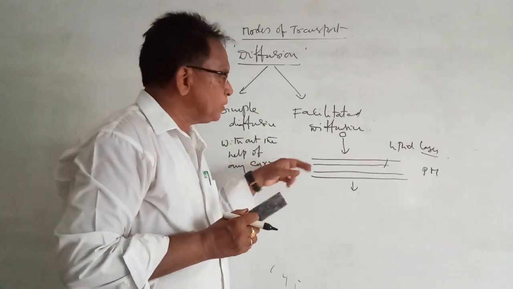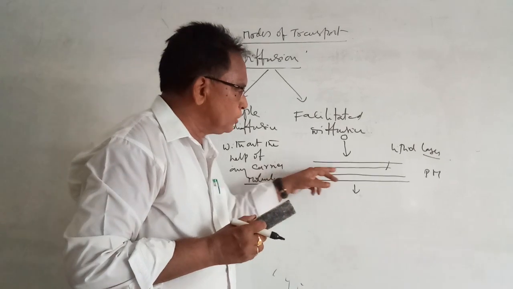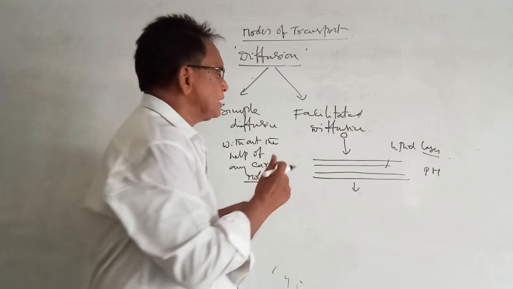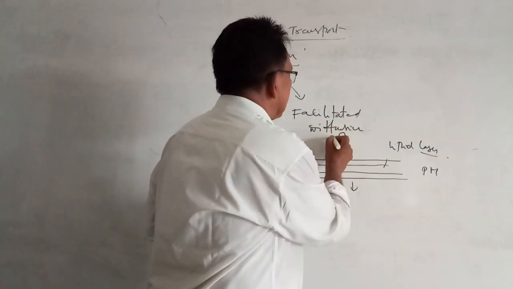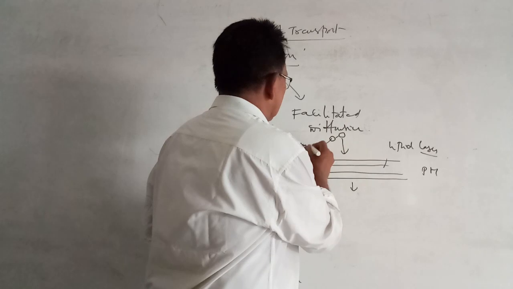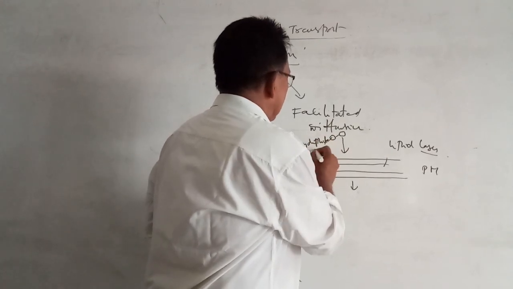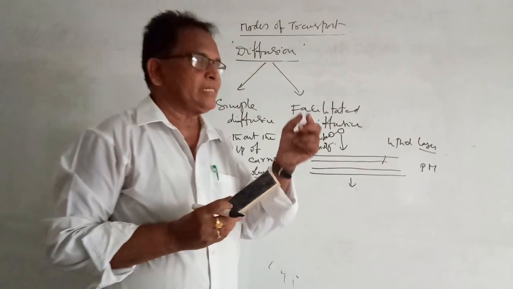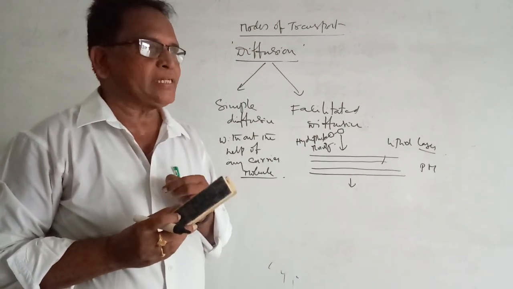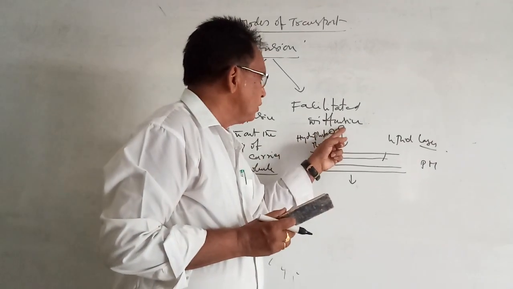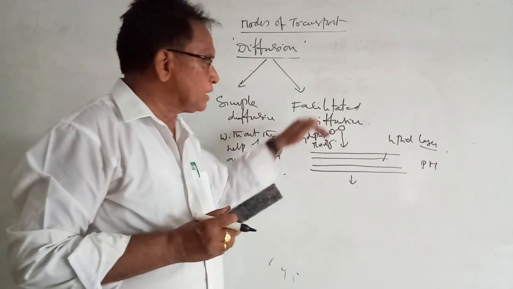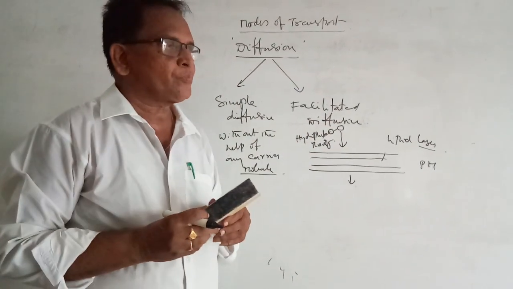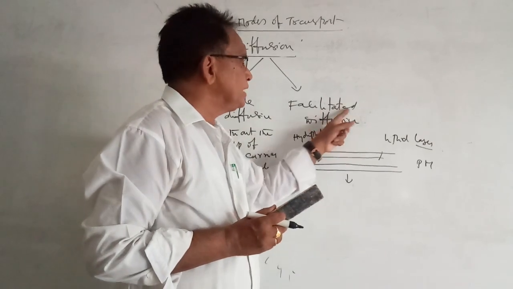Suppose a molecule is not able to pass through the lipid layer of the plasma membrane, that is one condition. Suppose this molecule has a hydrophilic moiety attached to its side chain; that molecule also cannot pass through the plasma membrane because of that property, and then we require facilitated diffusion.